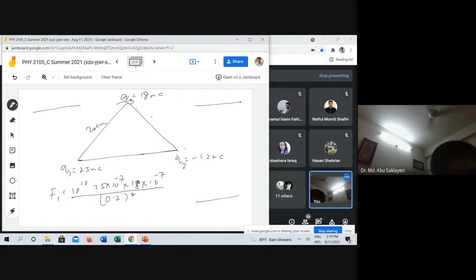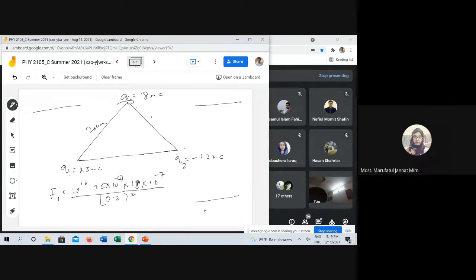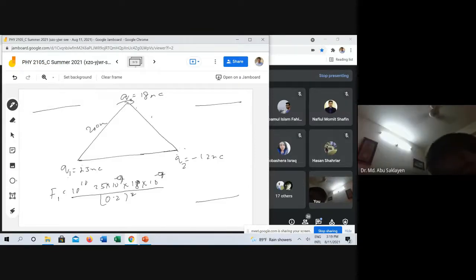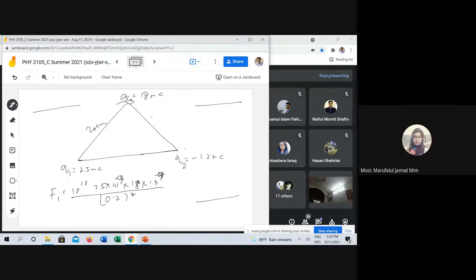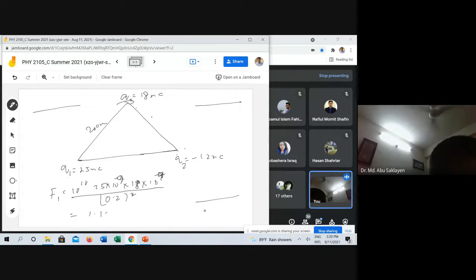The nanocoulomb factor is 10 to the power minus 9. So it will be 450 into 10 to the power minus 8 divided by 0.04, which is 1.125 into 10 to the power minus 4 Newton.